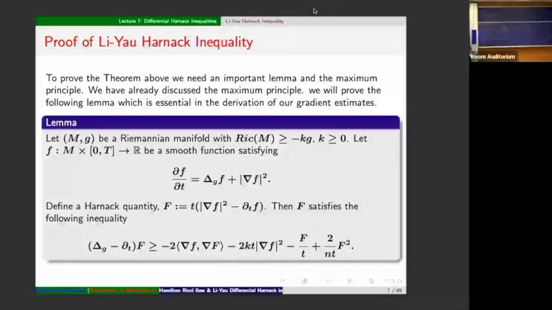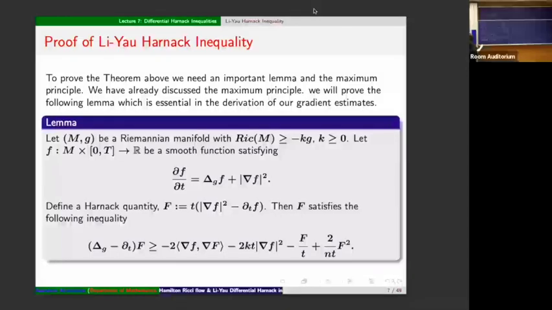So to prove the theorem, we just claim that f minus n over 2 is less or equal to 0. So that is what we wanted to prove here.